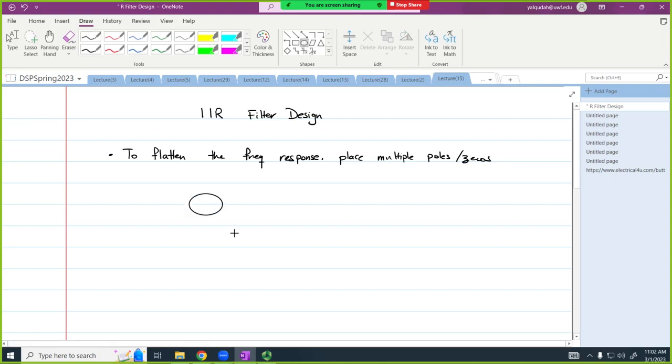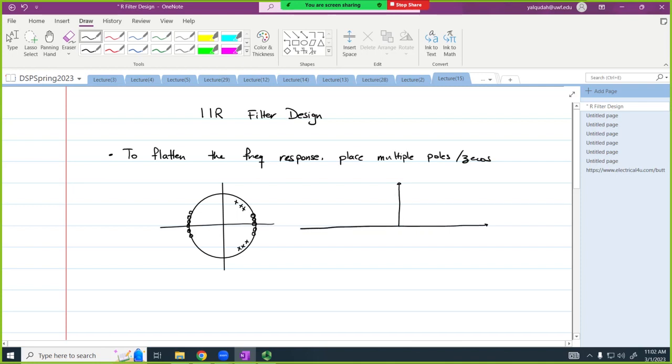And as an example, if we place multiple zeros, something like this, and multiple poles, then the result of doing this is we're going to get a flatter response. So if I look at the frequency response of this filter, it might look something like this.